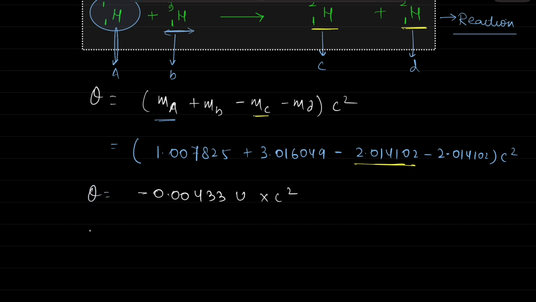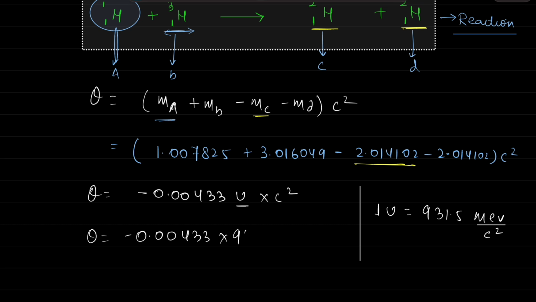To find the energy, we are using a conversion: 1 u is equal to 931.5 MeV divided by c squared. Based on that, if we substitute this relation, this u will change to 931.5 MeV divided by c squared, into c squared. So these two c squared will get cancelled.